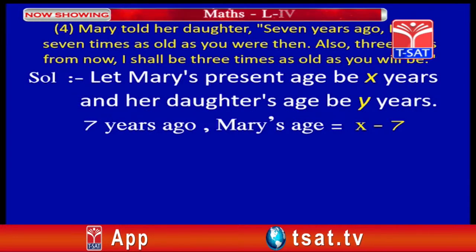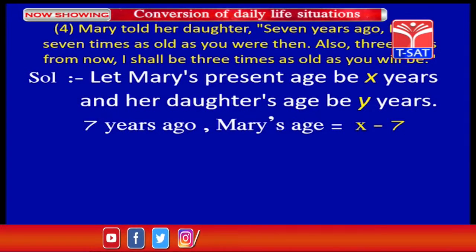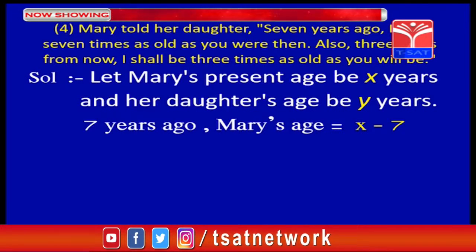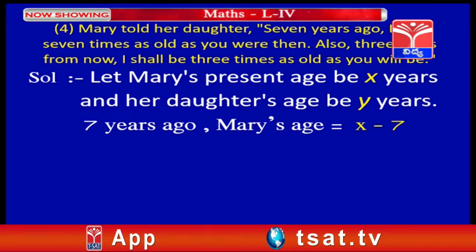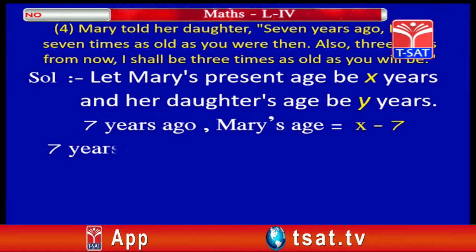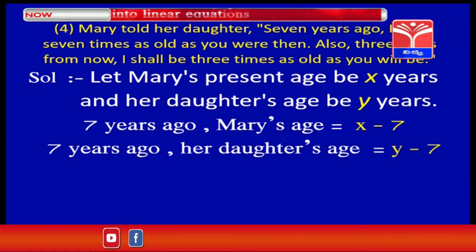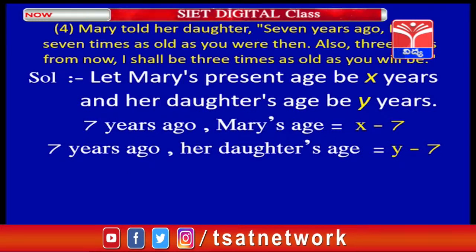It means present age minus 7 years, that is 15 minus 7 is equal to 8 years. Likewise, 7 years ago, Mary's age is equal to X minus 7. Similarly, 7 years ago, her daughter's age is equal to Y minus 7. Present age minus 7.